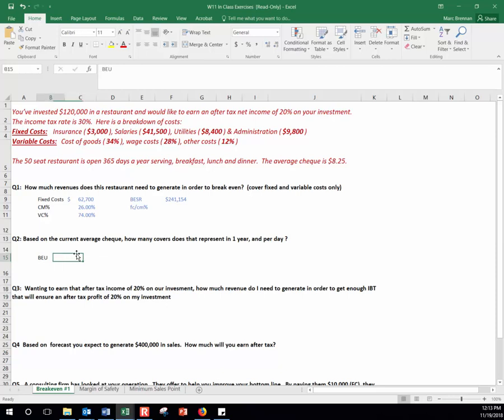The calculation for BEU is our break-even sales revenue divided by our average unit price. If we're talking about hotels, a unit is a room. If we're talking about restaurants, a unit is a cover. So average cover price would sound something like average check.